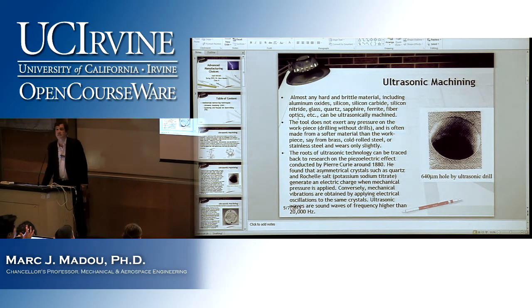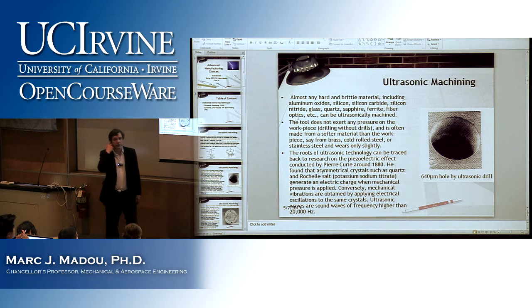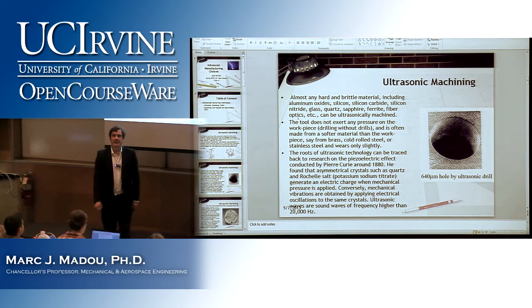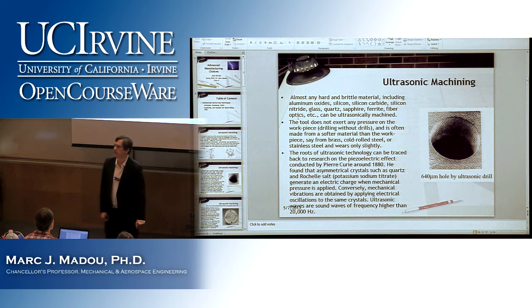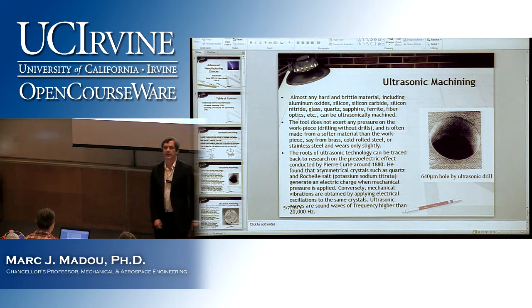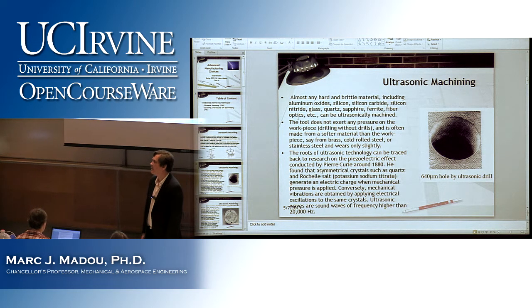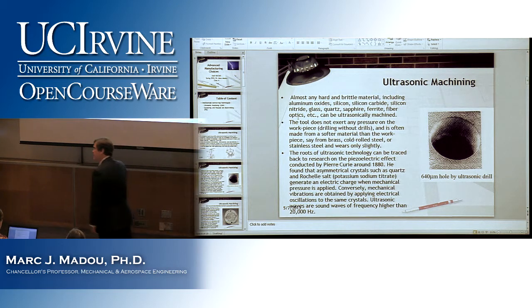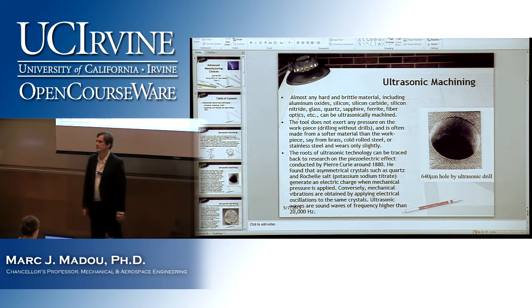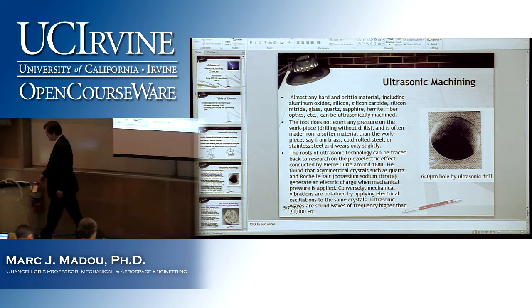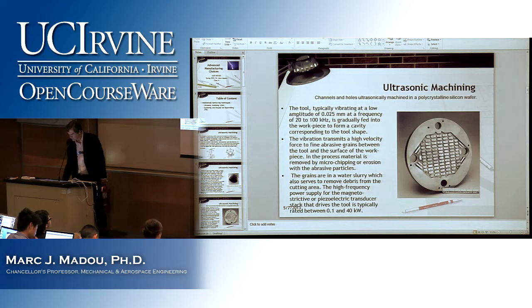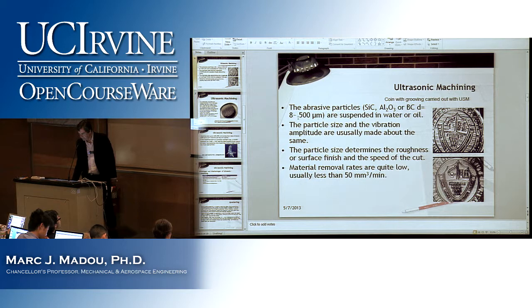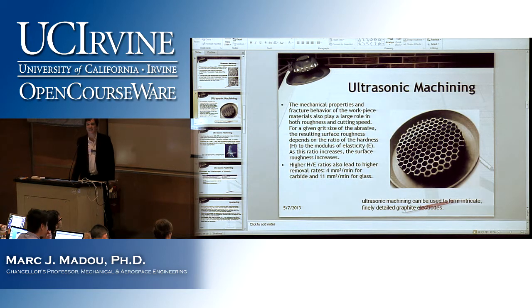What kind of materials would you think are the best candidates for ultrasonic machining? Brittle, what else? Very hard, right? What else? Conductors, insulators, all possible, right? Is it a fast technique?